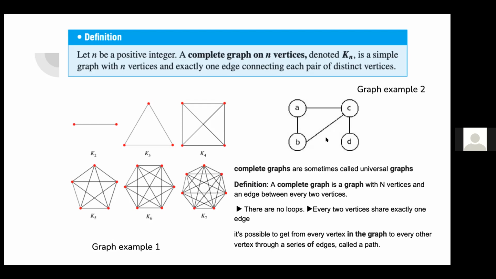I also have a graph example 2, which is the non-complete graphs. And why is that?